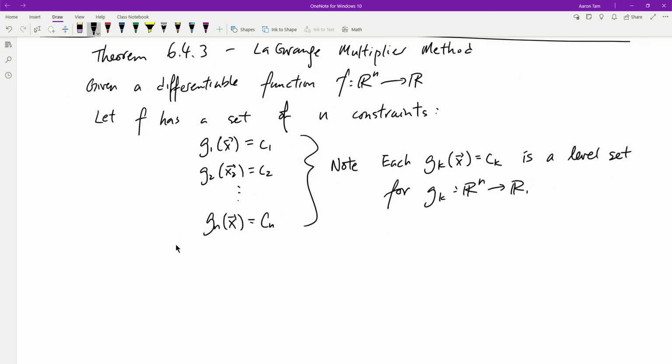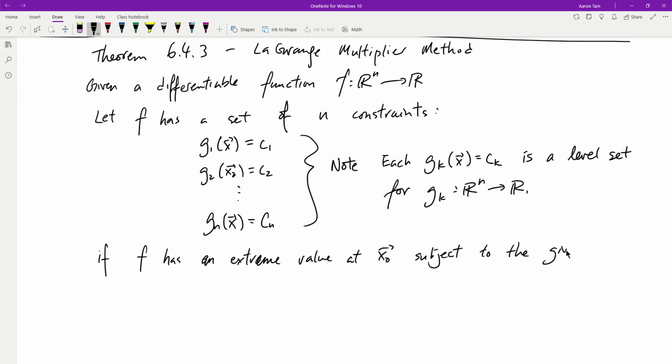So this is what the Lagrange multiplier theorem basically says. If f has an extreme value, meaning a maximum or minimum value, at some point x sub 0, subject to the given constraints, then there exists a set of scalars lambda 1, lambda 2, dot dot dot, to lambda n, such that this is true. If you want to, you can go ahead and write that down.